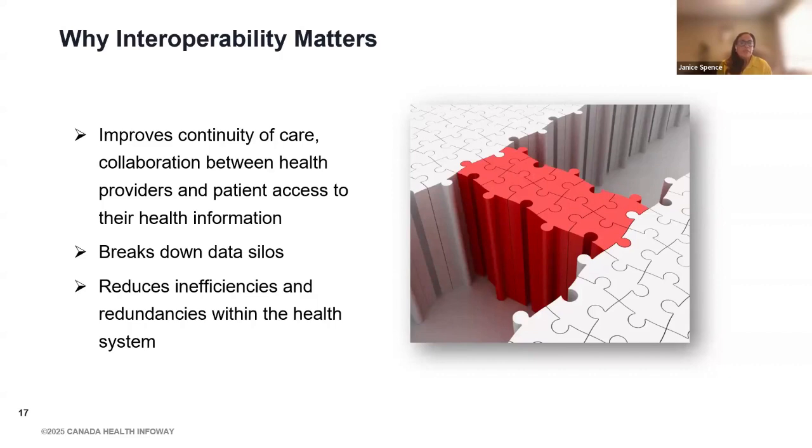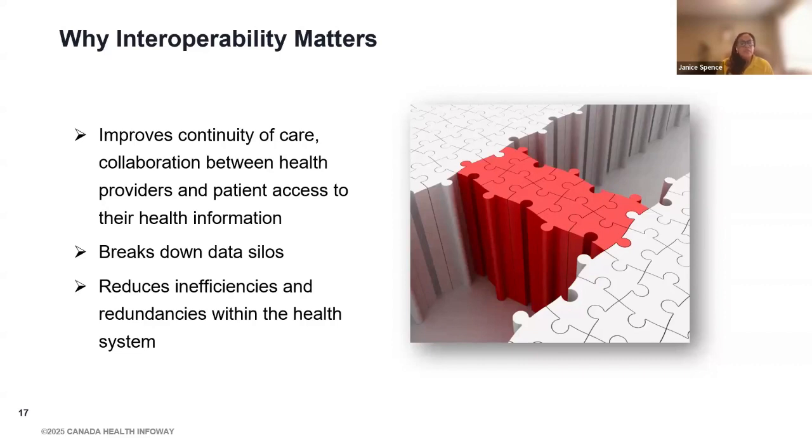Instead of collaborating directly, clinicians develop workarounds using outdated technologies. And dare I mention, like the fax machine, although I know we're trying to get away from that, but it is still a salient example in how we have breakdown with data silos still involved, where there are inefficiencies and redundancies still in the system that can only be eliminated when we have an interoperability approach.